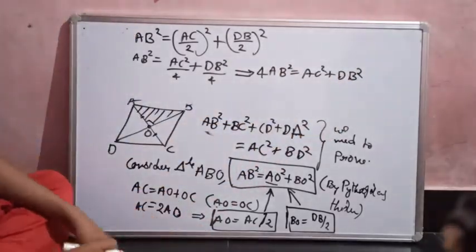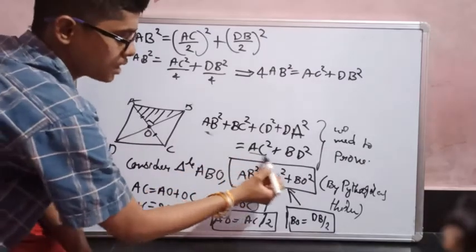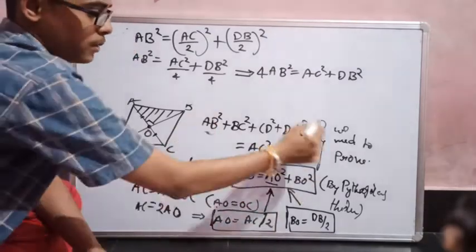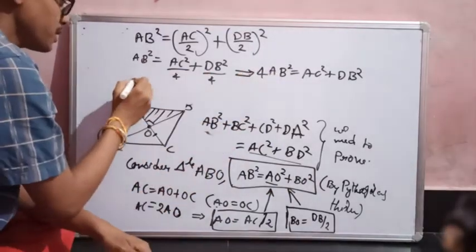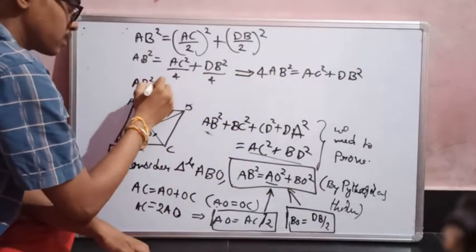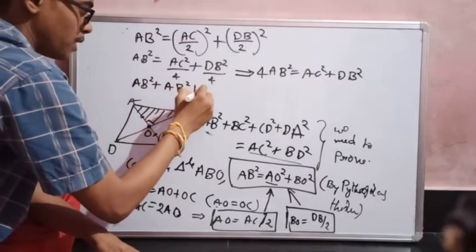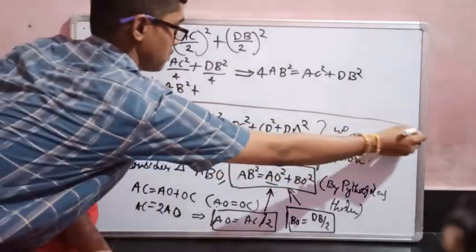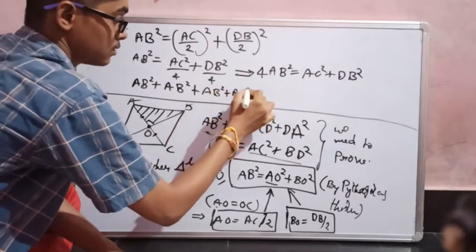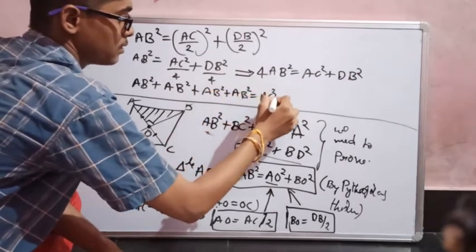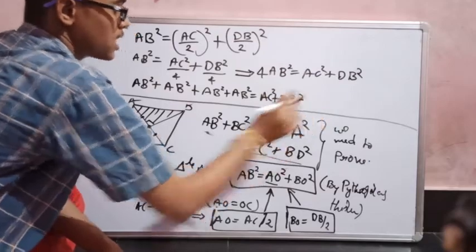See, we have got the RHS part of the equation that needs to be proved. Now we need to find only the LHS part. 4AB square we can also write as AB square plus AB square plus AB square plus AB square. I am just splitting the terms.